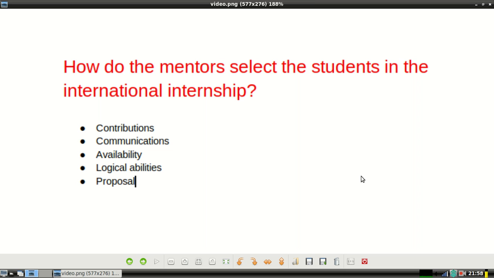And the fourth point is logical abilities, which means that as a mentor, we judge how the student is resolving a particular bug, or how the student makes a timeline, understands the code, and how he or she will write the code to complete the project. Basically, we can see the logic he or she tries to fit into their project to complete it.